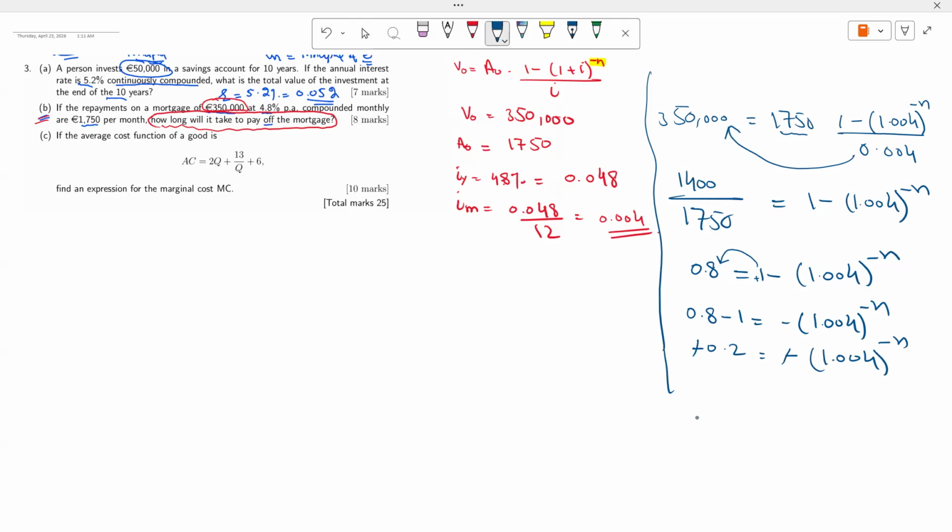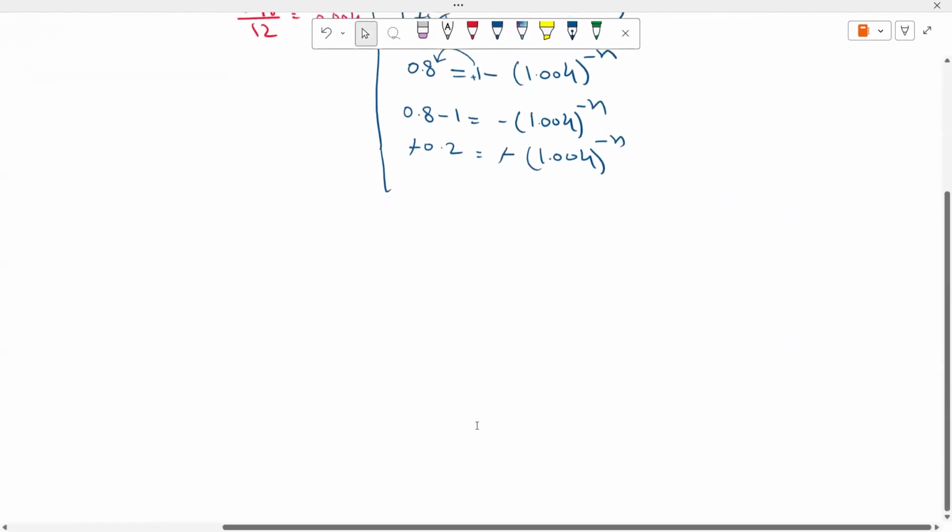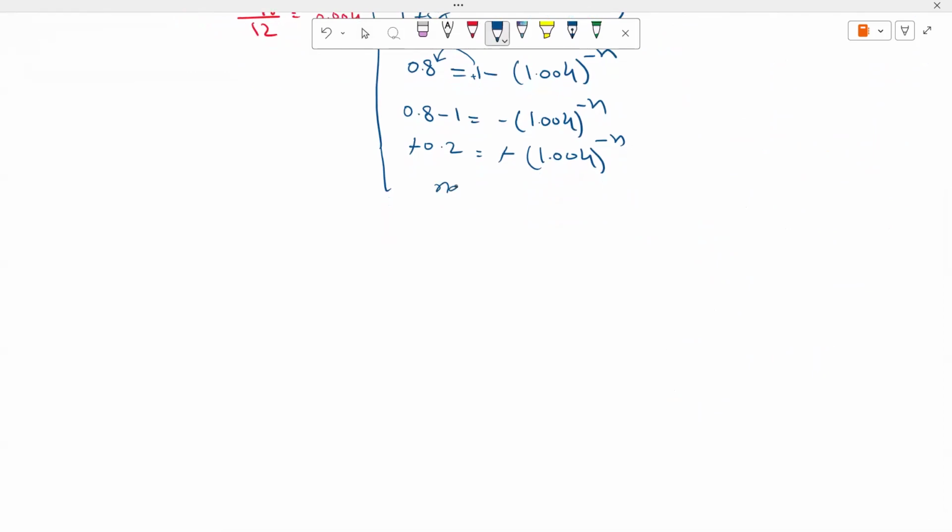So now you can take the logs. I would like to revise this. I can take the natural log on both sides because I need the value for n. If I take the natural log on both sides, ln of 0.2 would be equal to minus ln of 1.004, right?